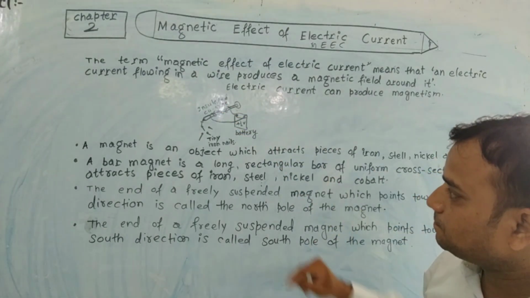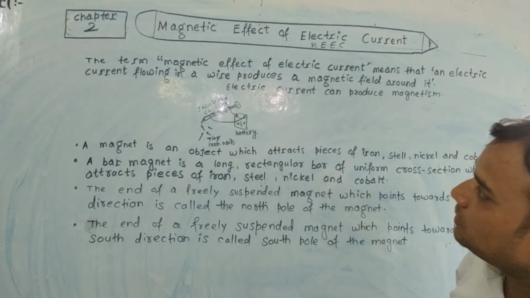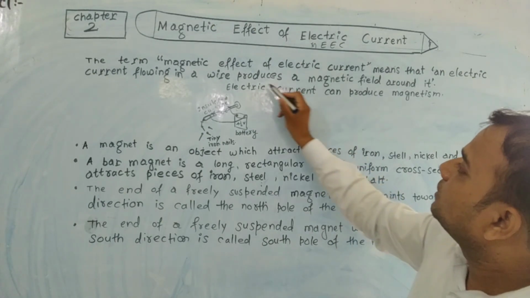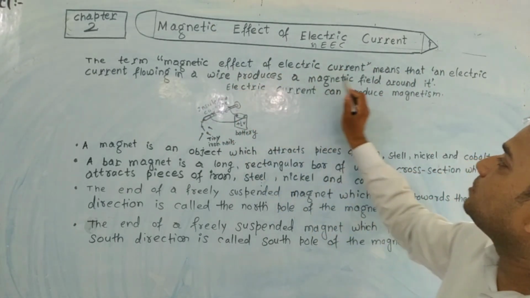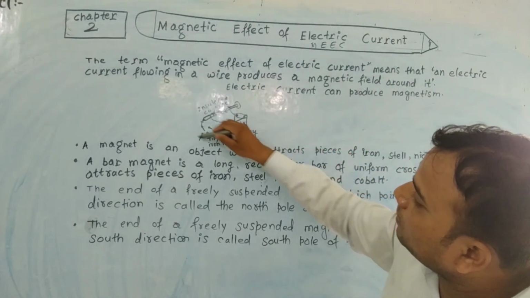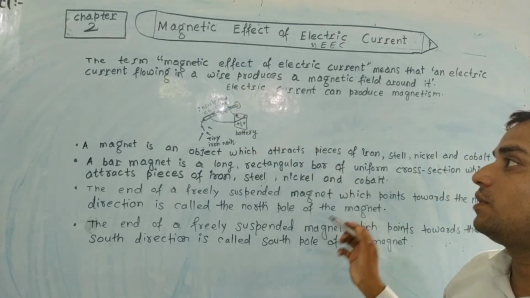That means an electric current flowing in a wire produces a magnetic field. There is a magnetic field produced in the wire, so it attracts tiny iron nails.